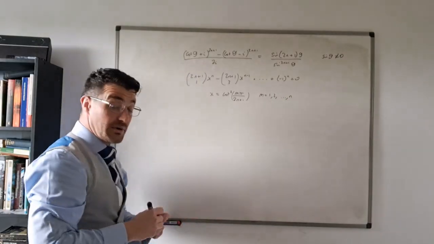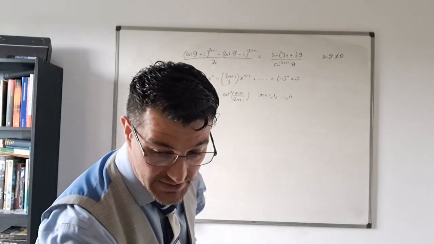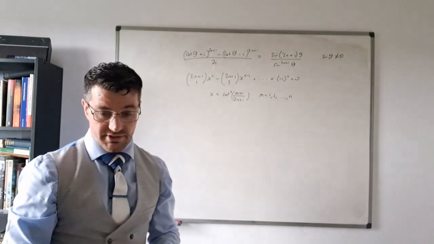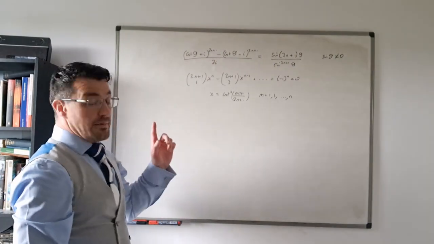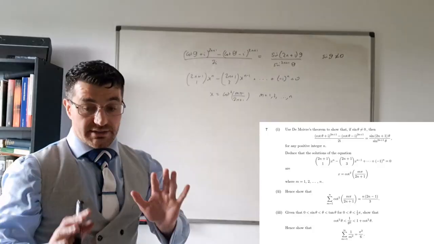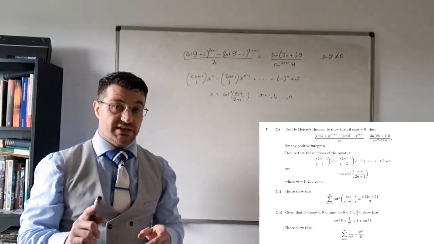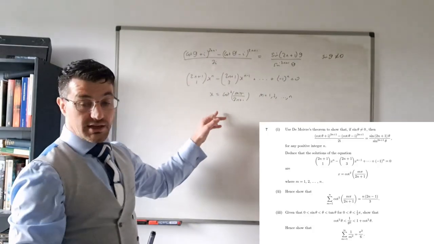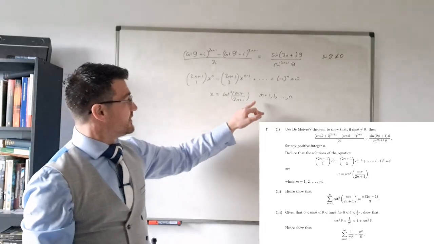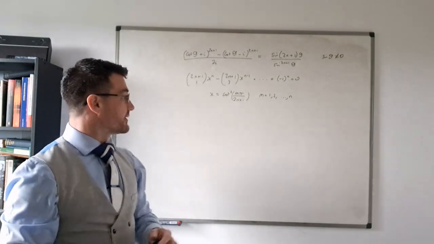Okay. So then it simply says, by the way, I will keep looking down here because that's where the question is for me, given that we've just done that, deduce that the solutions of this equation are this for these particular values of m, okay?